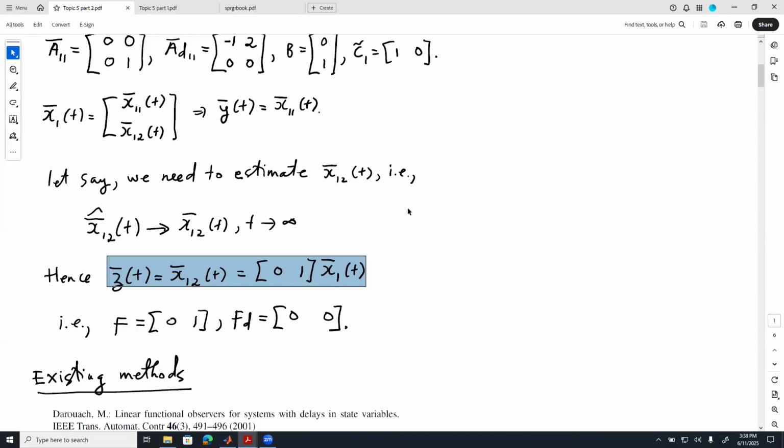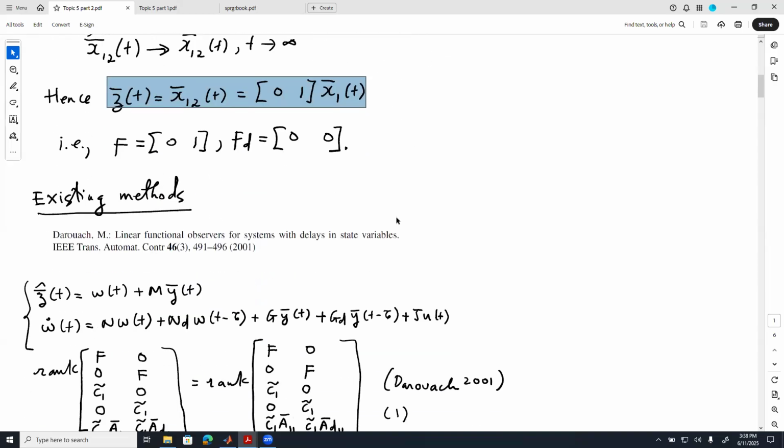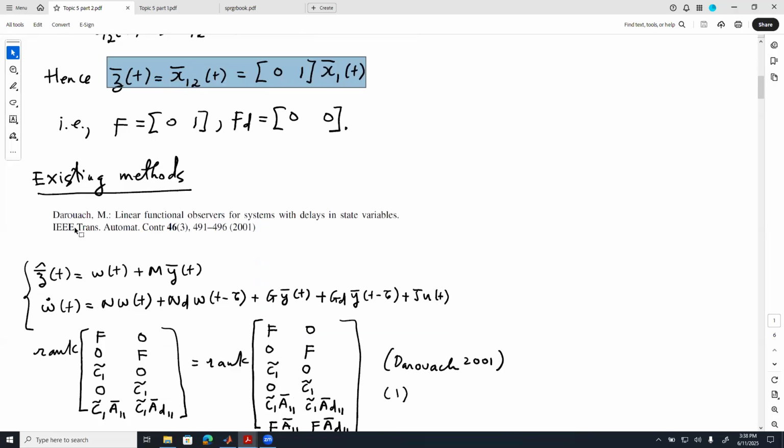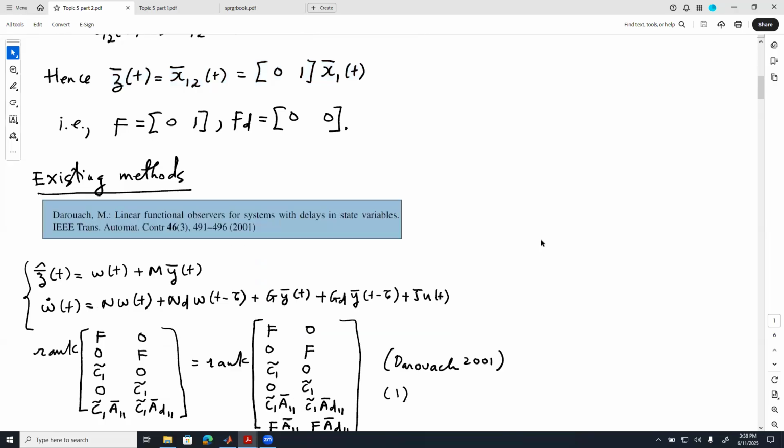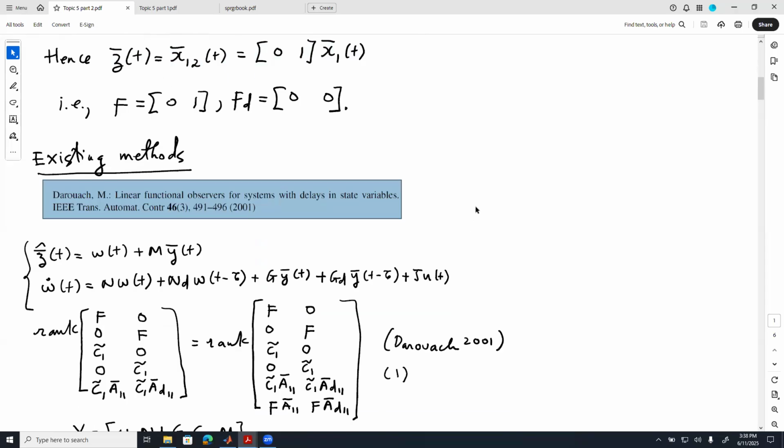That means existing methods apply; for example, here we pick this reference. It is a well-known method for designing linear functional observers for systems with delay in the stack variables.